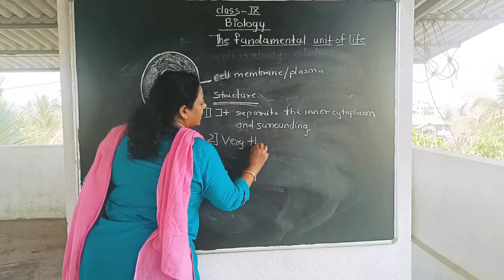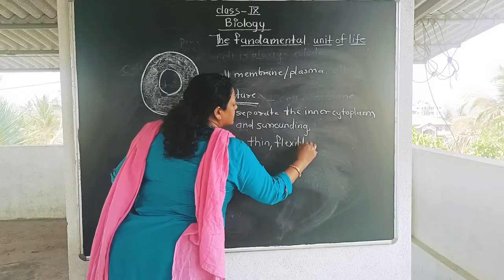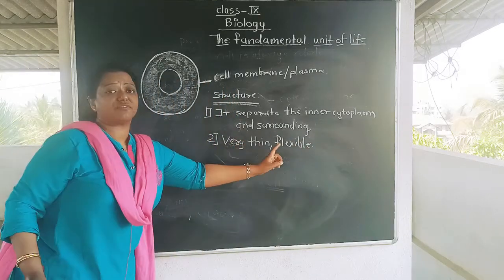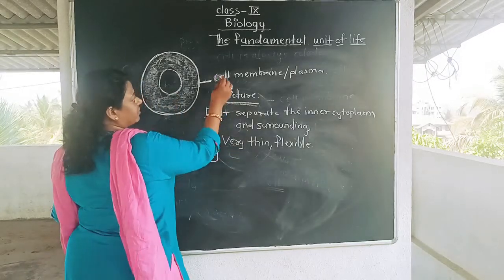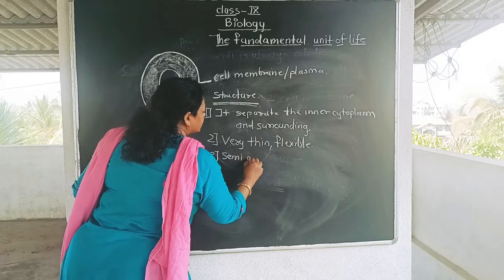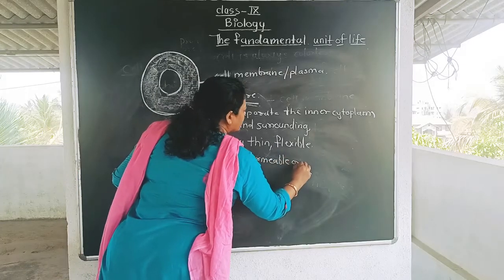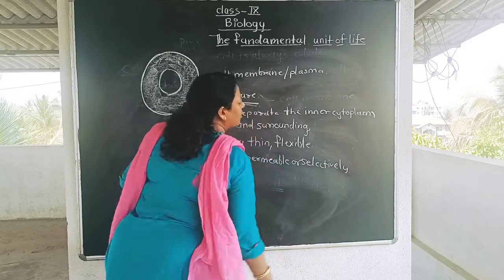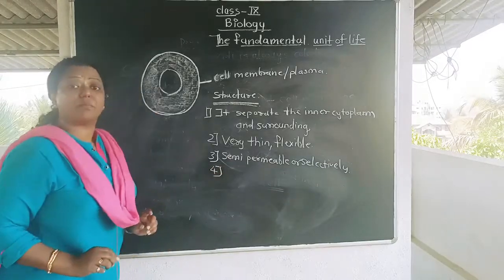It is very, very thin. It is flexible too. It is very thin and flexible. Third, which is really very important for this cell membrane, it is semi-permeable or selectively permeable. Fourth, it is a living membrane.